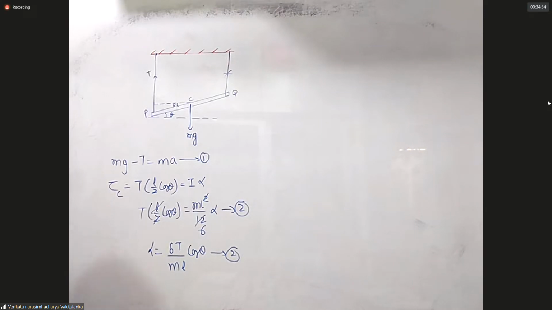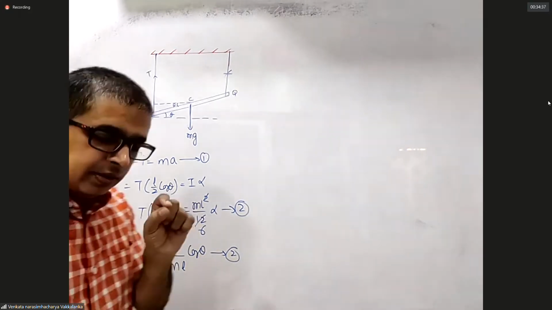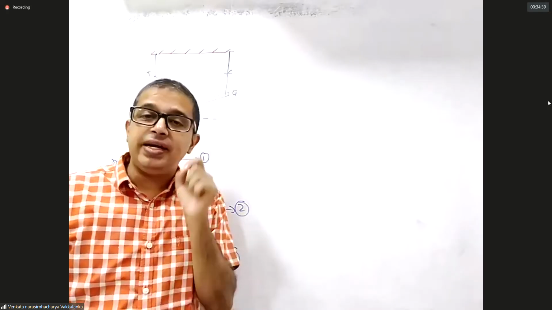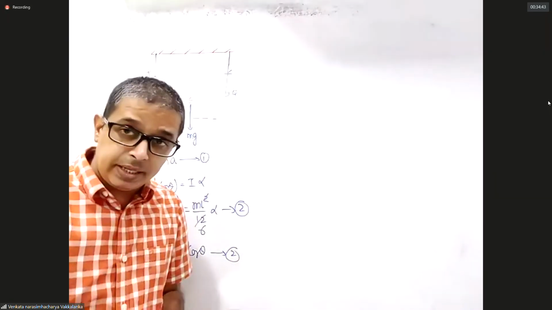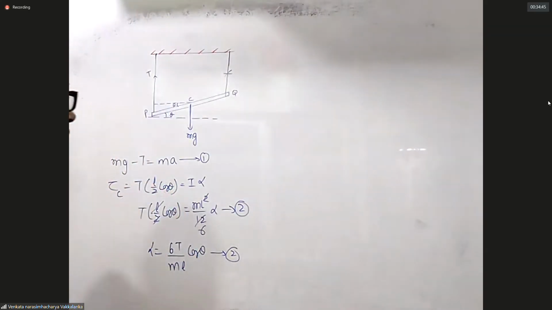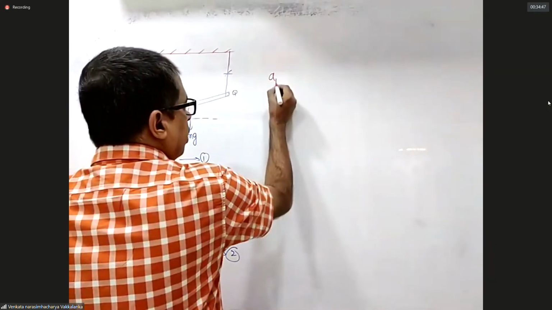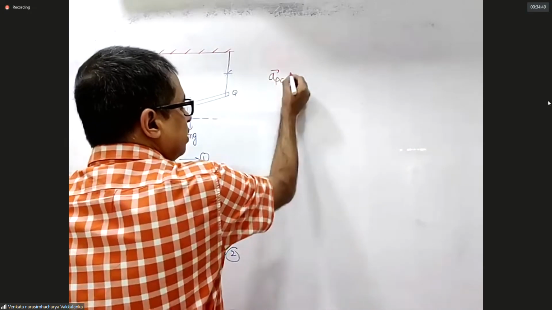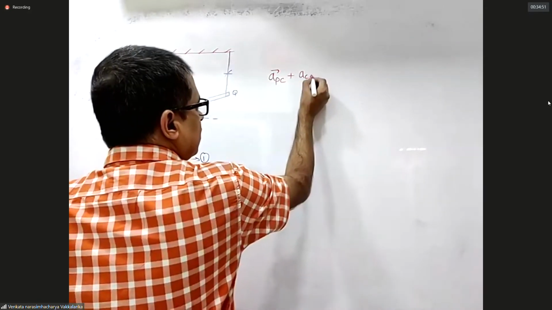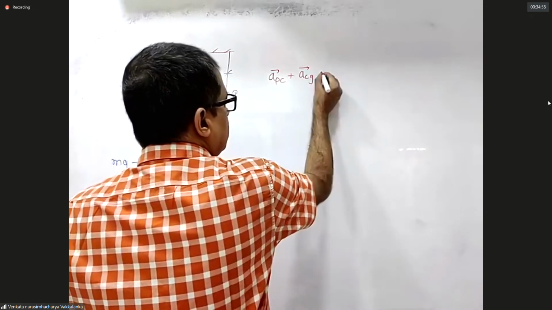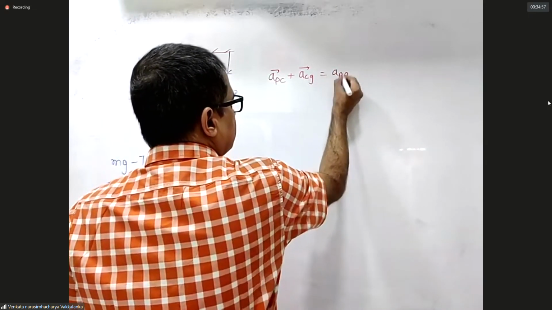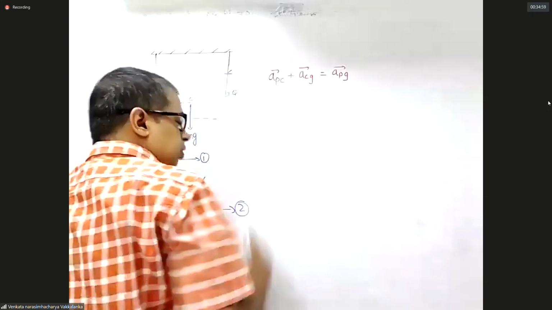Second equation. The third equation is slightly tricky. Concentrate on this, all of you. Acceleration of point P with respect to center of mass plus acceleration of center of mass with respect to ground should be equal to acceleration of point P with respect to ground.